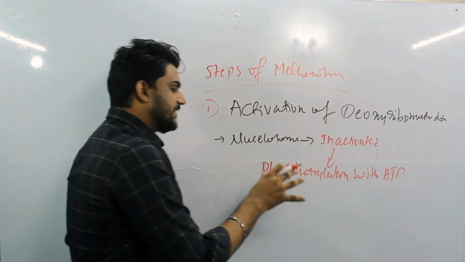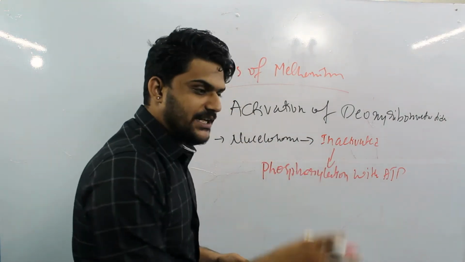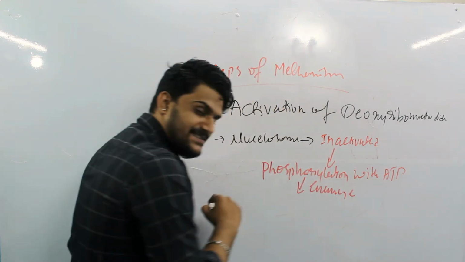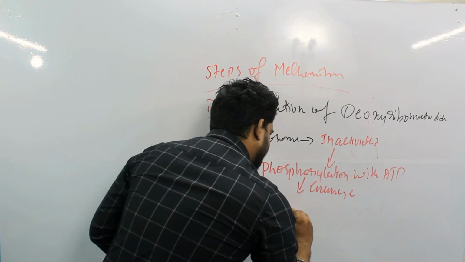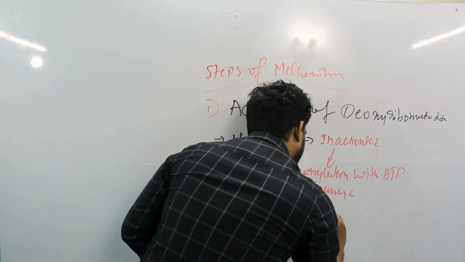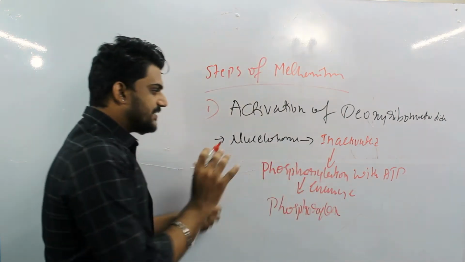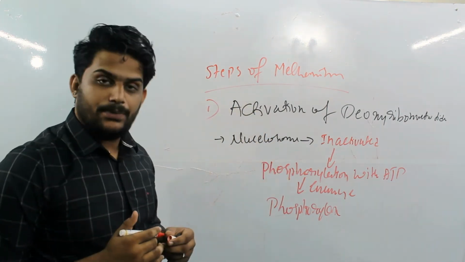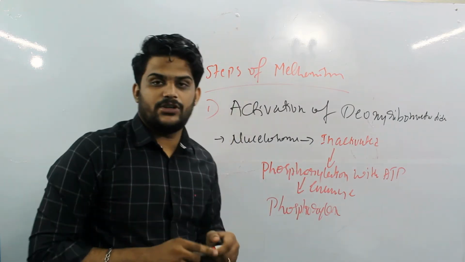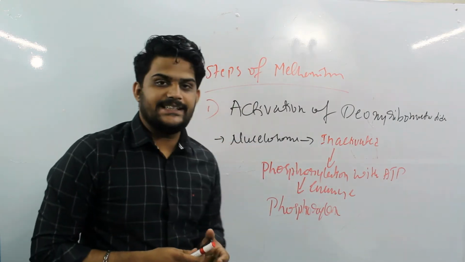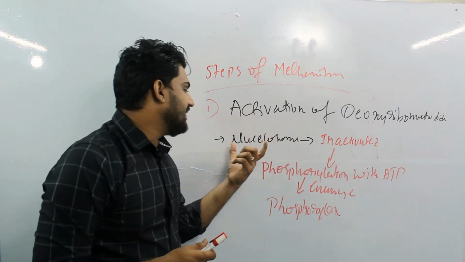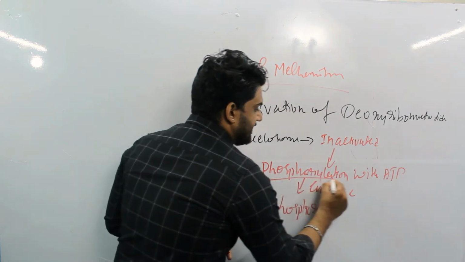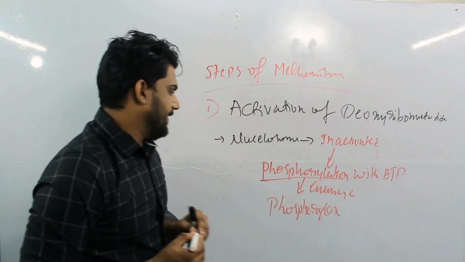The ATP energy is used for the process of phosphorylation, and this is catalyzed by an enzyme known as phosphorylase. So this is how the deoxyribonucleotides, known as the nucleotide pool inside the nucleosome, which are inactivated, get activated by the process known as phosphorylation with the help of ATP.